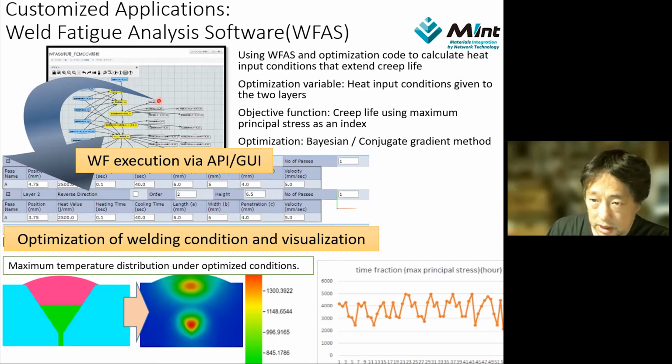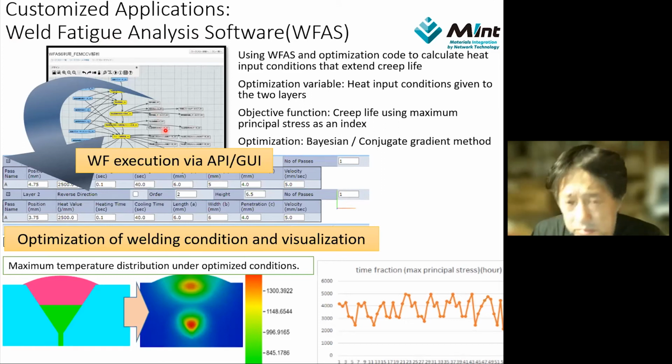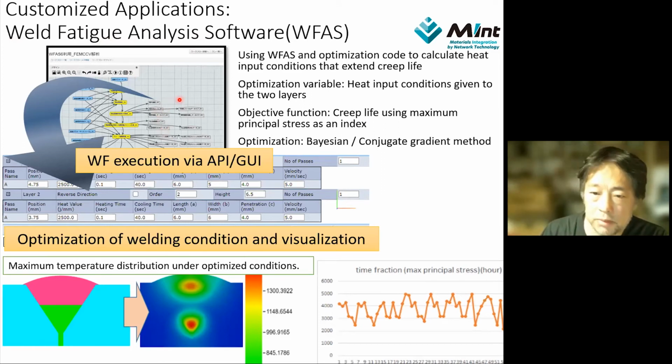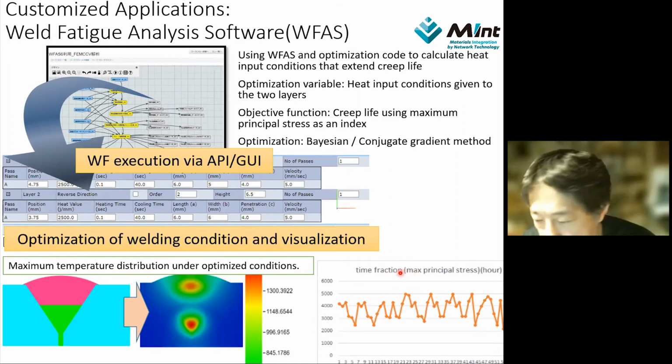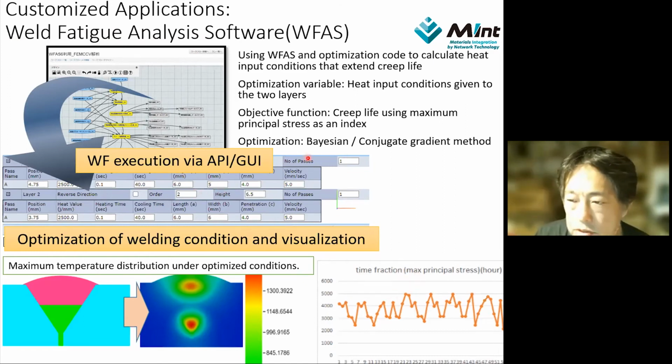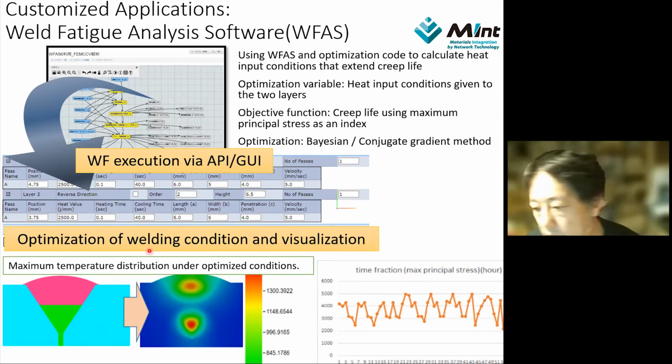Okay, and here's the workflow to analyze weld fatigue for the weld joint part. But sometimes users cannot use it as is. So we developed our own web-based GUI system, and we applied, for example, the inverse problem as an optimization of the parameters of the heat input condition, or for example, the distance between here, or the distance between here, or something like that.